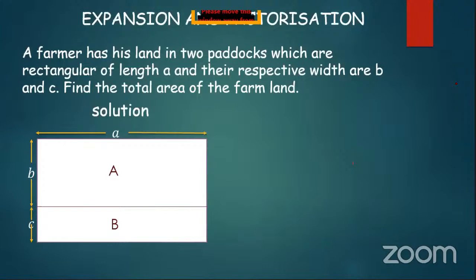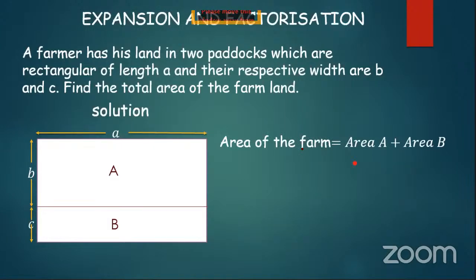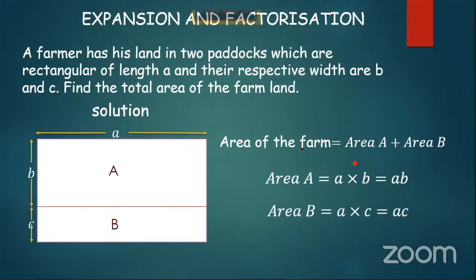Okay, so let us go through it and see how it goes. So area of the farm would be area of A plus area of B. And the area of A we have said is A times B, which gives us AB. Area of B is equal to A times C, and that gives us AC.